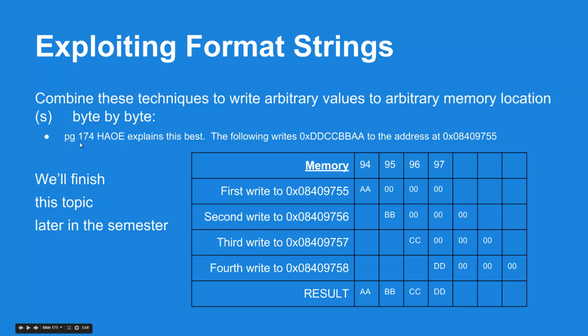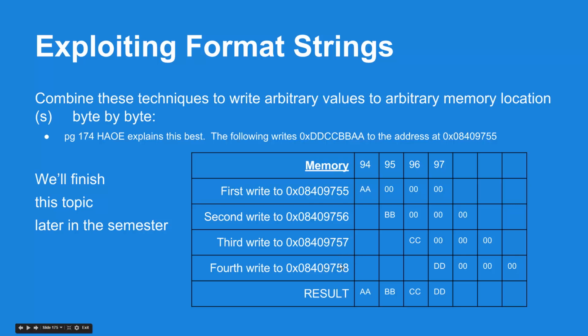So, on page 174 of the Art of Exploitation textbook, it demonstrates a technique that uses 4 memory overwrites to write a byte each time, striping over 32 bits or 4 bytes in a target destination. The first byte would be to this address 755. Second byte would be 1 byte forward. Third byte would be another byte forward, and so on.